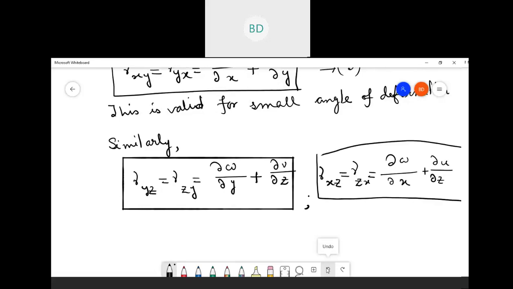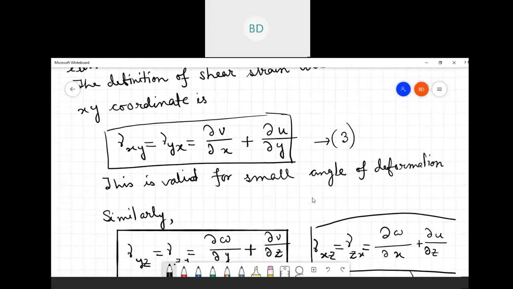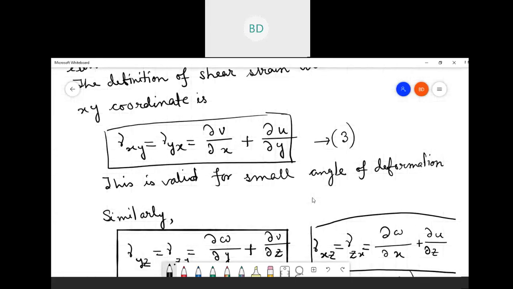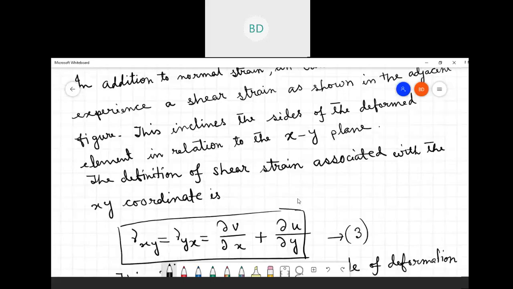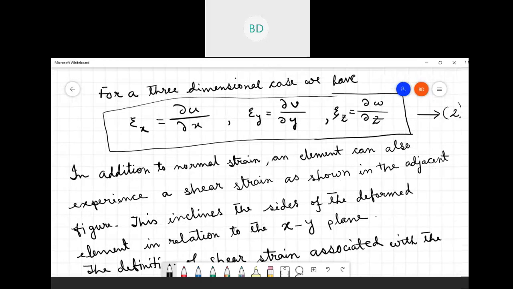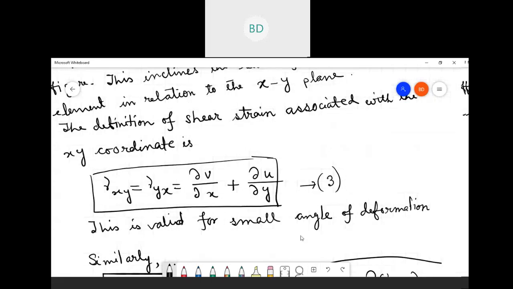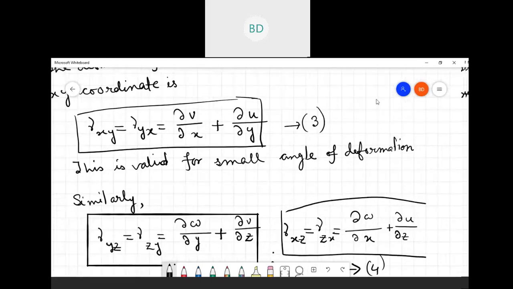So you can put it as equation number 5. So equations 2, 3, 4.